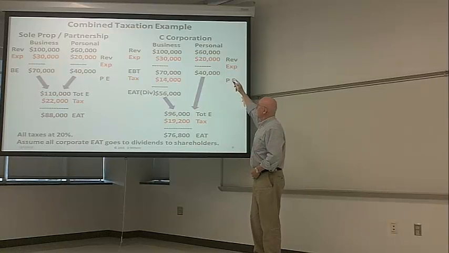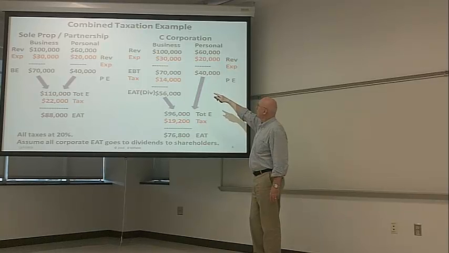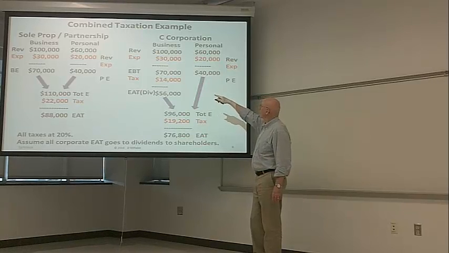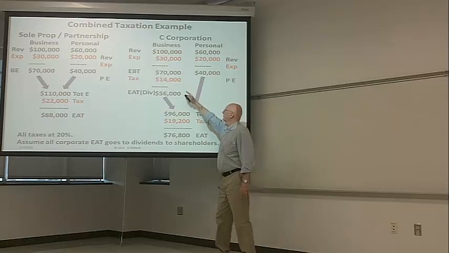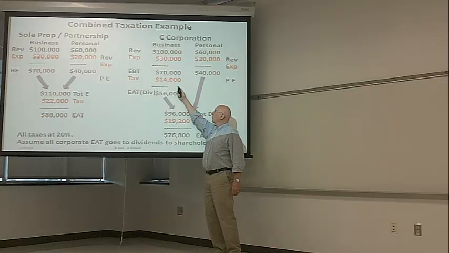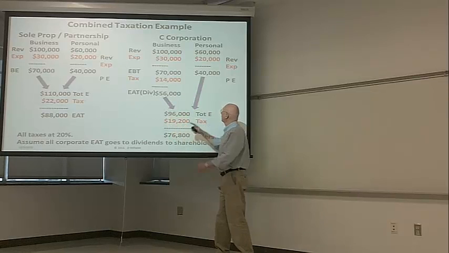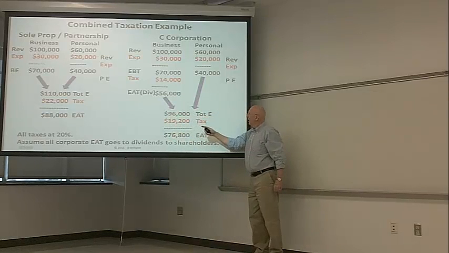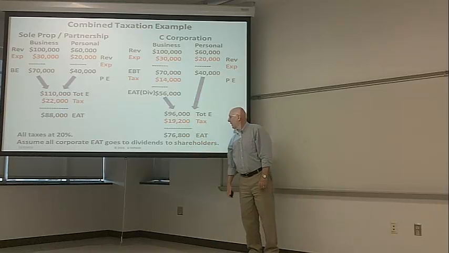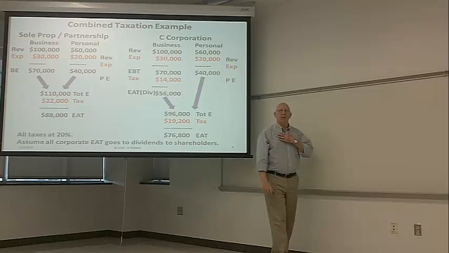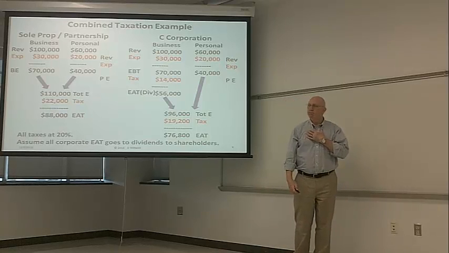The C Corp side, same starting point, $70,000 corporate earnings before taxes, $40,000 personal earnings before taxes, but now we tax the C Corp earnings at the corporation, so we just have $56,000 left. Add them together, tax it again, and we have $76,800 is the cash we get to take home.